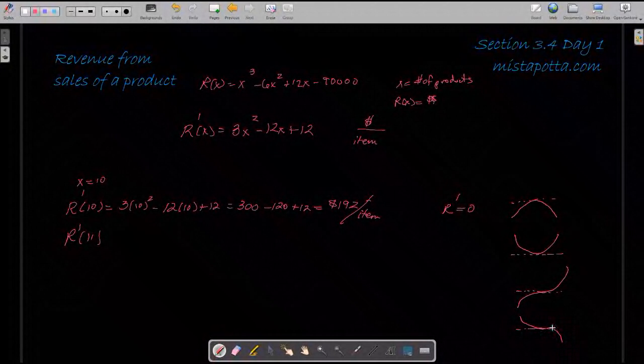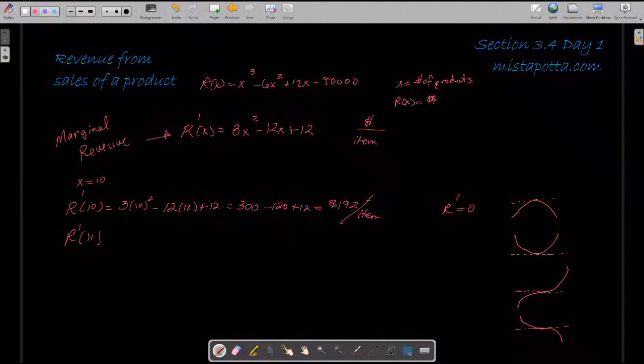So it is something to look at, this what we call marginal revenue, which is found by taking the derivative of my revenue function.